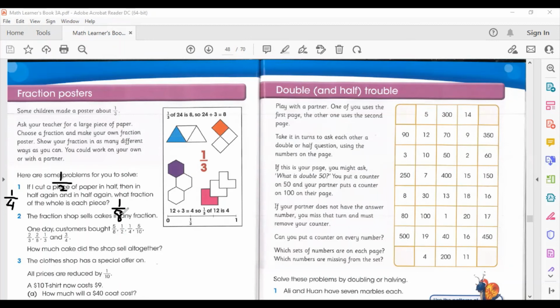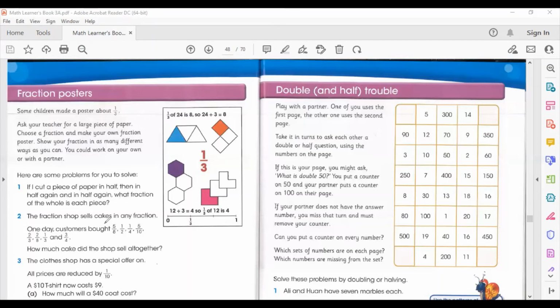Question number 2. The fraction shop sells cakes in any fraction. One day a customer bought 5 by 8, 1 by 2, 1 by 4, 5 by 10, 2 by 3, 2 by 8, 1 by 3 and 3 by 4.